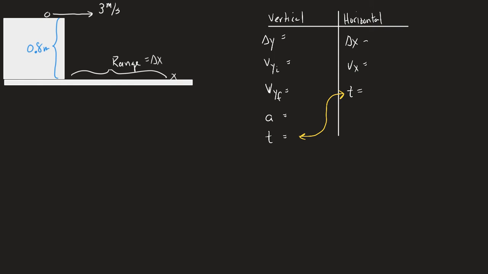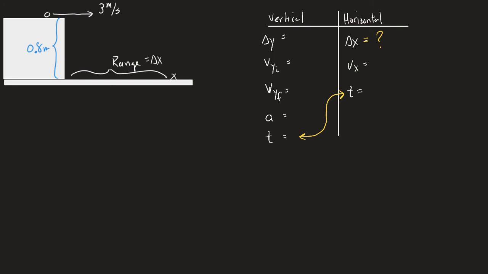Now, I haven't given you anything about time in this problem, but I recognize that I'm asking of you where the object lands. The only way I'm going to be able to figure that out is if I know how fast the object's traveling and how long it travels at that speed.